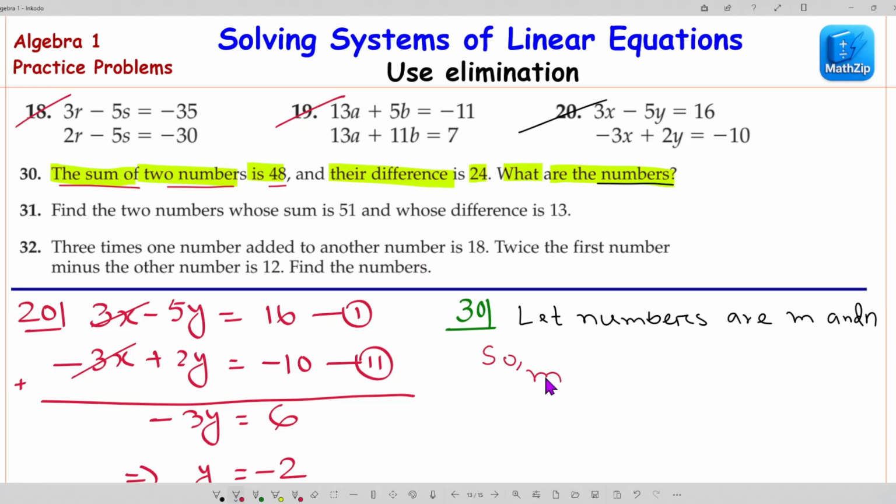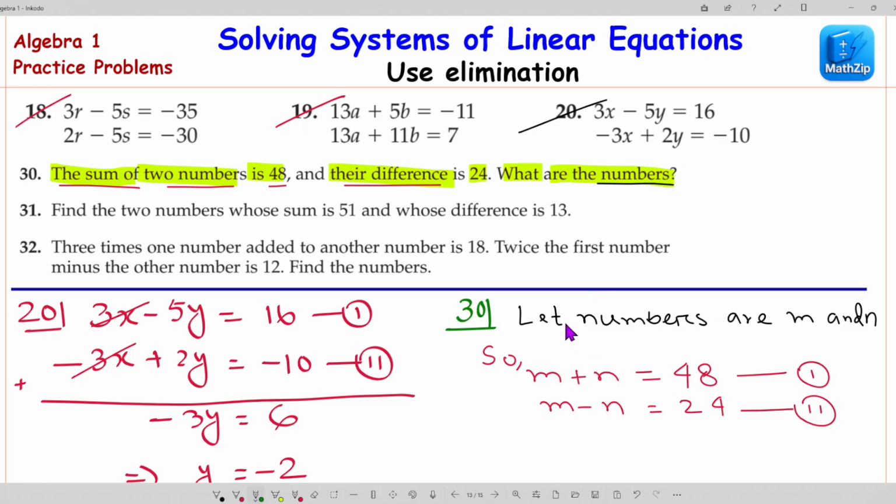m plus n equals 48. We can make this equation 1, and then their difference, m minus n equals 24, which is equation 2. Look here, if you want you can mention it like this.